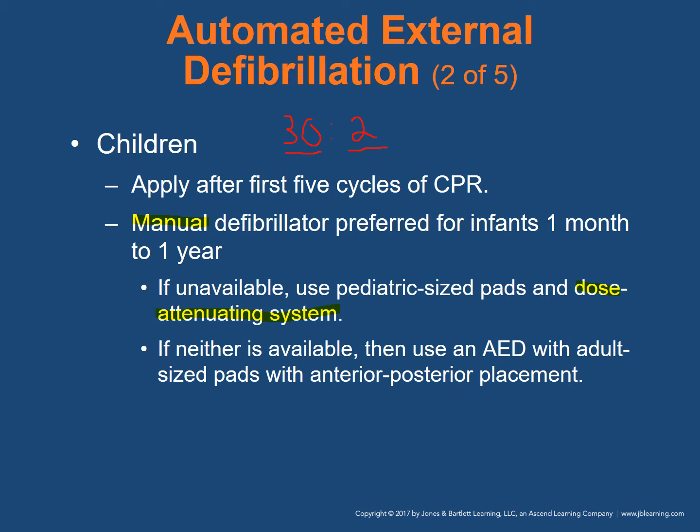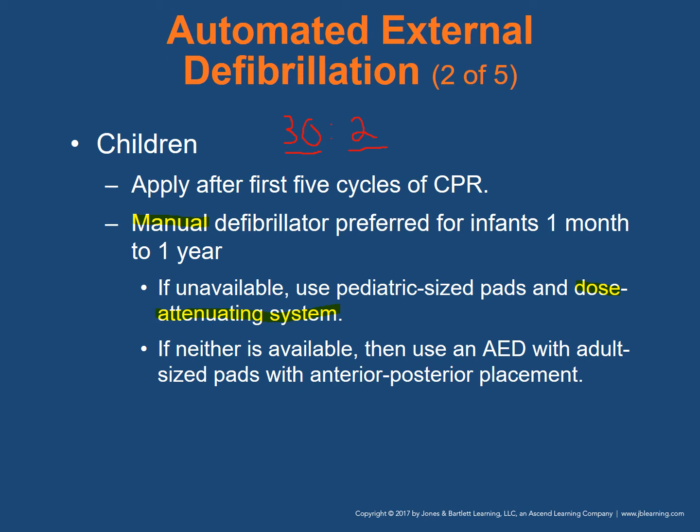And the reason that we place the pads that way is because that actually mimics the direction of electrical energy that naturally should move through the heart. So what they're talking about with anterior-posterior placement with an infant, when we're using the adult pads of the AED, we put 1 right in the center of their chest, anterior, and 1 right in the center of their back, posterior.